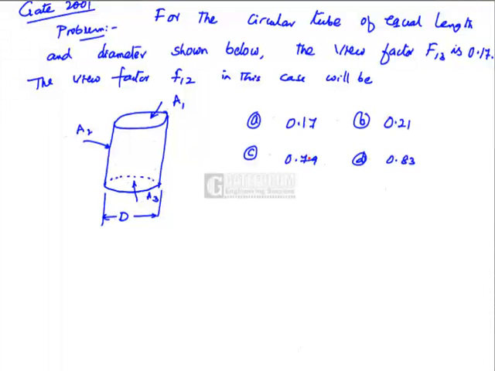Therefore, it will have self-interception, whereas surfaces A1 and A3 are flat surfaces. There can't be any self-interception. F13 has been given. Since A1 is equal to A3, F13 is equal to F31.